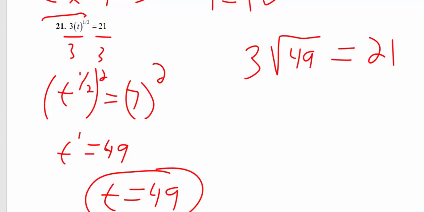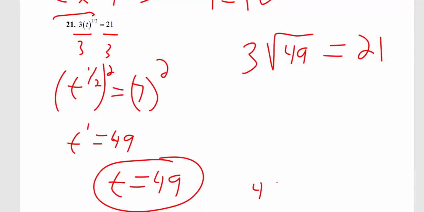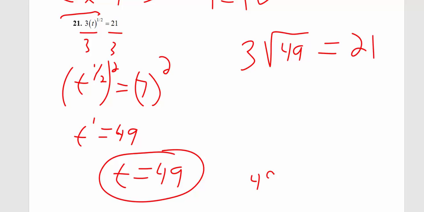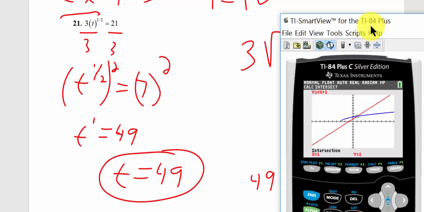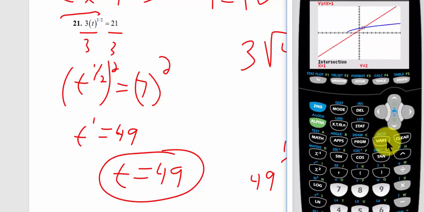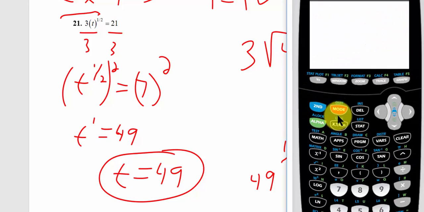Now you might say, why did I write this radical sign? Remember, just as an aside, 49 raised to the 1/2 is the same as the square root of 49. If you wanted to verify what I'm saying is correct, here's 49 raised to the 1 divided by 2.